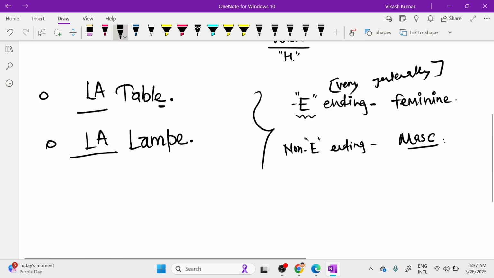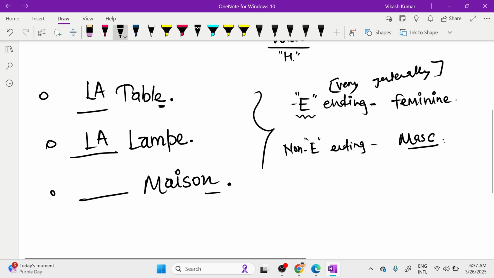Okay. So for example, let's see another basic simple exercise. If I write one word, maison, which means house, what would you think? Do you see this word as masculine or feminine? Masculine. Why? Because it's non-E ending.